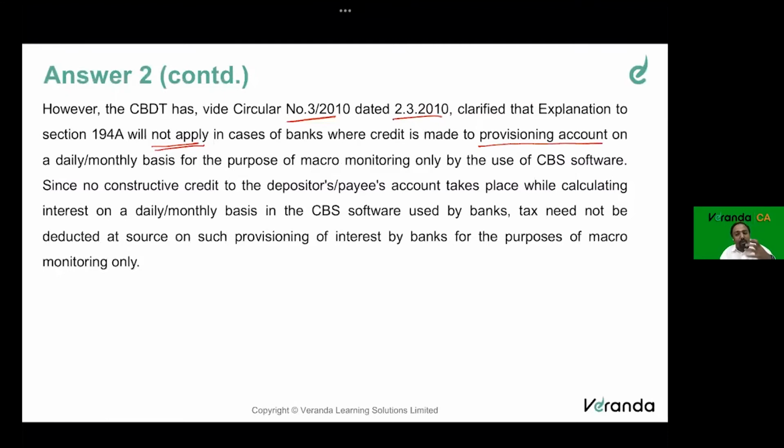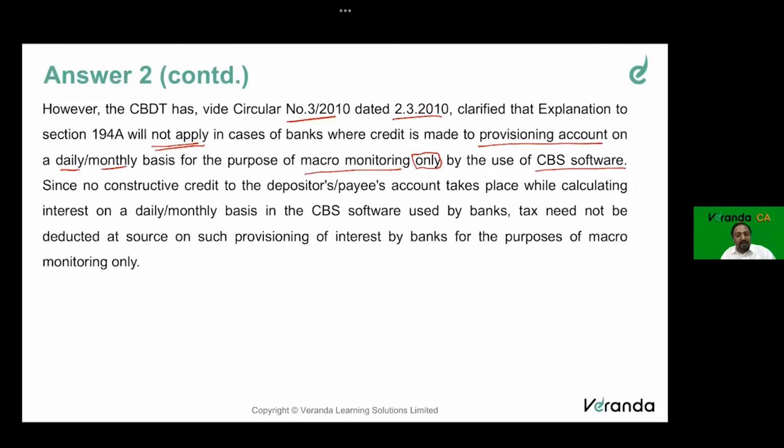If for some internal basis, interest is being accounted for just by creating a provision, whether on a daily, monthly or whatever periodic basis, and it is for the purpose of macro monitoring only by use of CBS, here also CBS is important, then it is okay. TDS need not be deducted. So the explanation is not applicable in this particular situation.